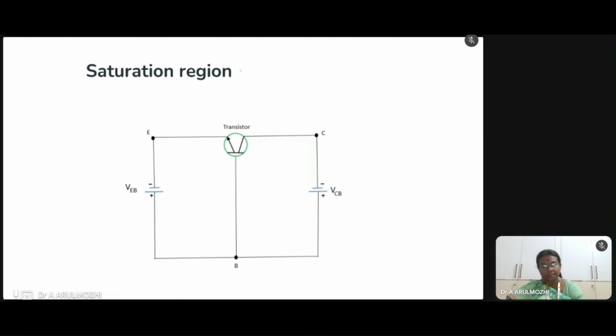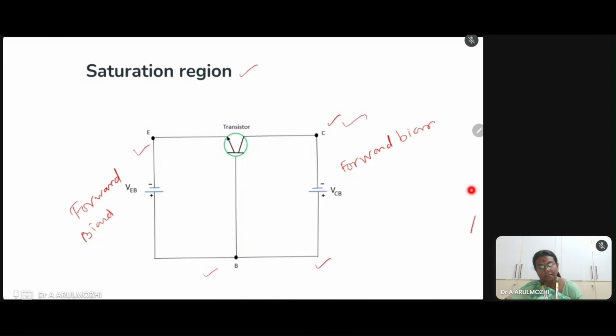Next, here is our saturation region diagram. Here also we are considering the same NPN transistor. In this case, the emitter base junction is forward biased, and the collector base junction is also forward biased.